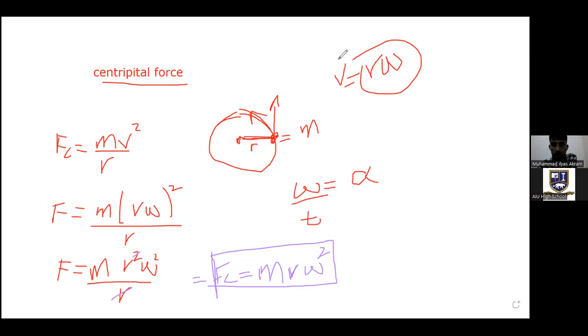Now this was the 2D motion in the horizontal plane. Now we can consider the motion of an object in vertical circular motion.